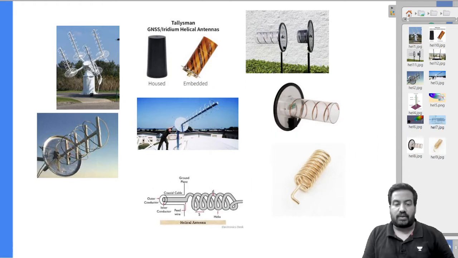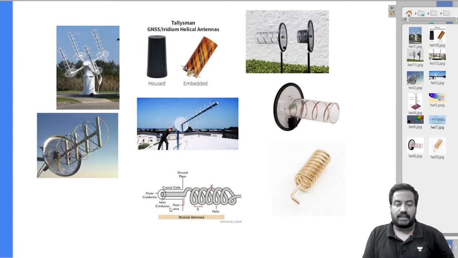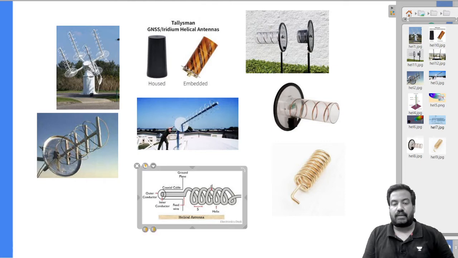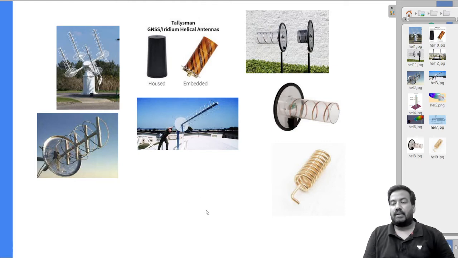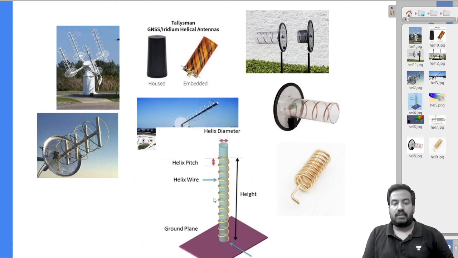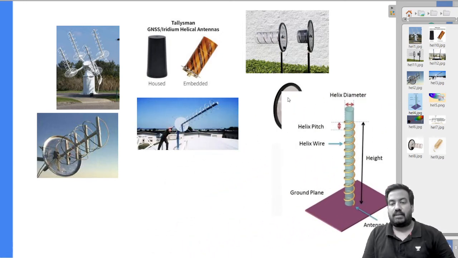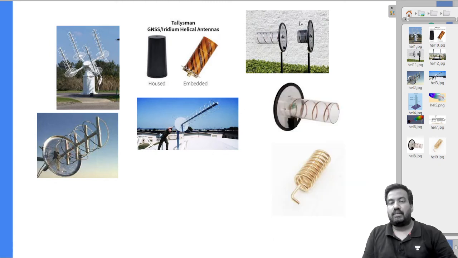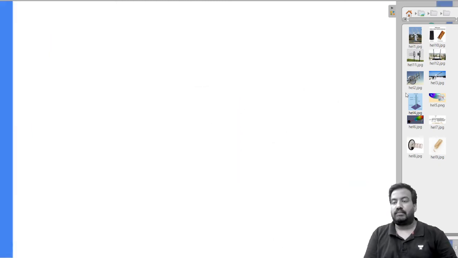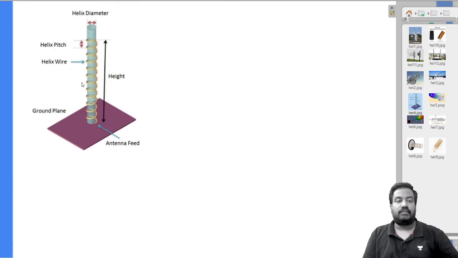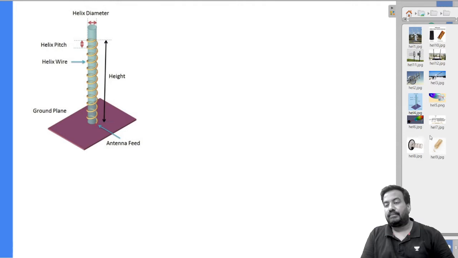This was the structure I was drawing: the ground plane, coaxial cable, inner conductor, spacing, and all that. And this is the radiation pattern: the helix wire, the pitch, the ground plane, helix diameter, height.